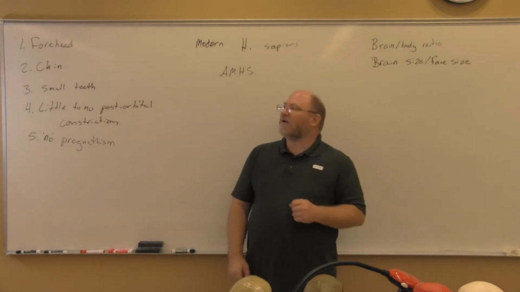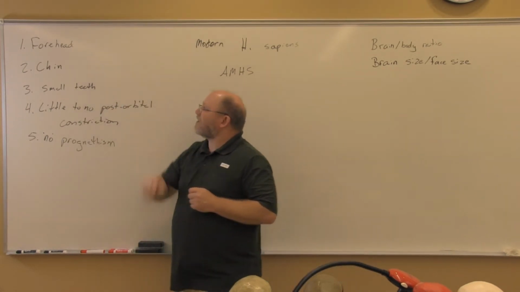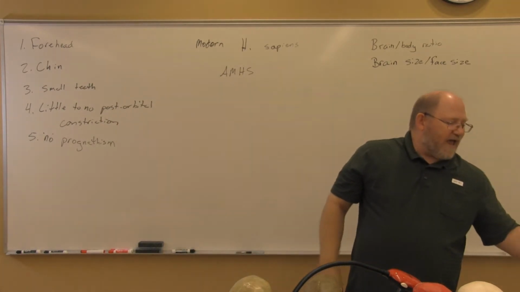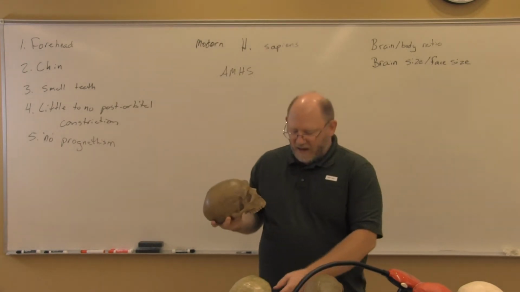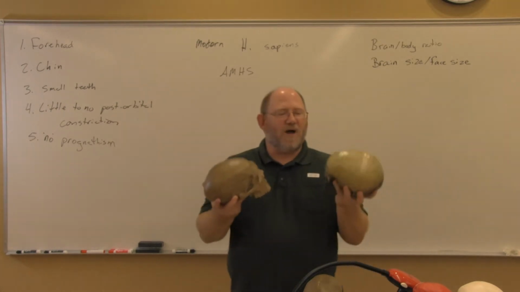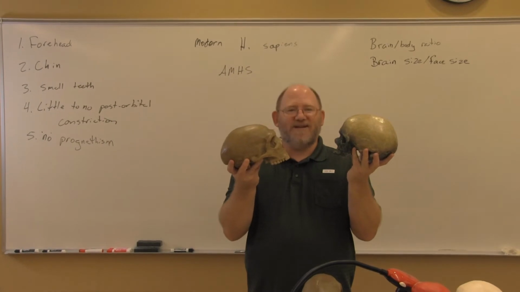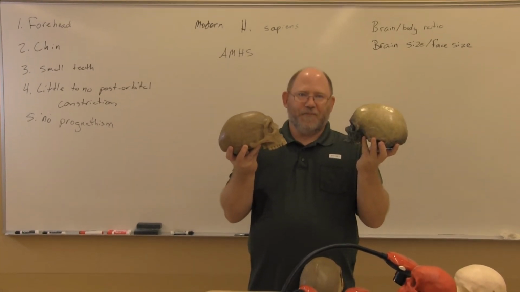As I talked about when I was talking about archaic Homo sapiens, the first thing: Neanderthals have a very low sloping forehead, and Homo sapiens, anatomically moderns, have a more prominent, taller, more rounded forehead.